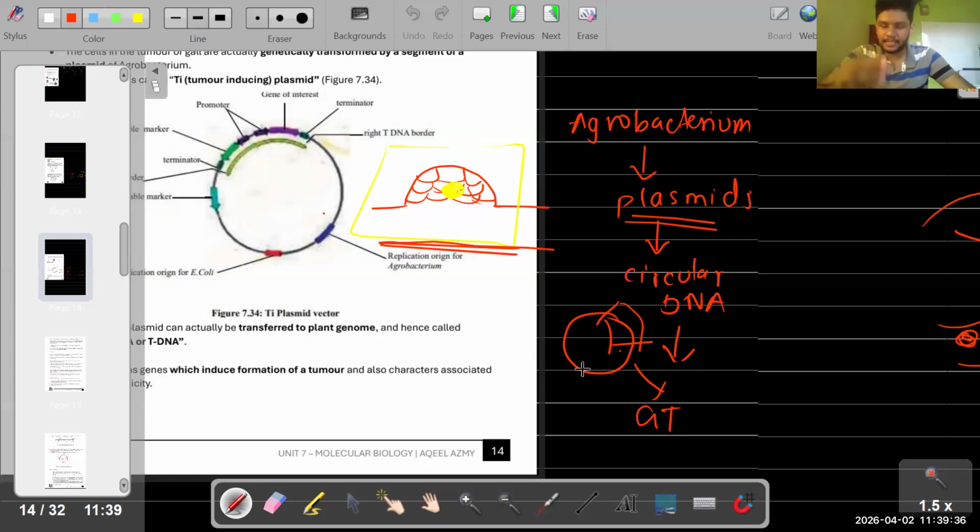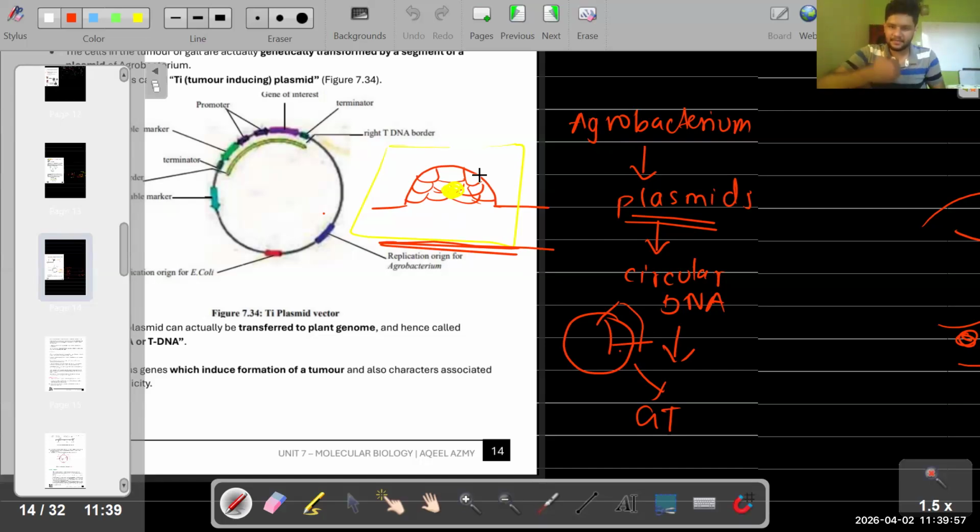A plasmid is a circular DNA. In the circular DNA, there are segments of DNA which can genetically transform into the cells. So eventually, those segments of the tumor-inducing plasmid are the ones that have formed into tumor cells. Can you understand?